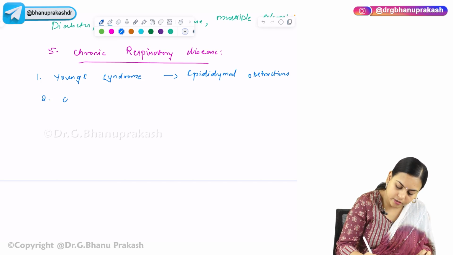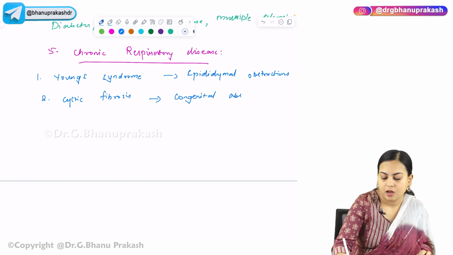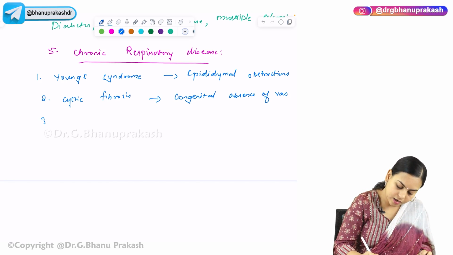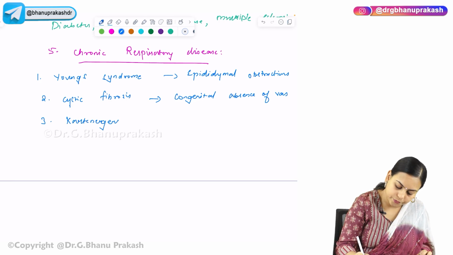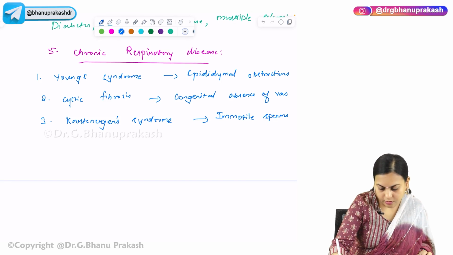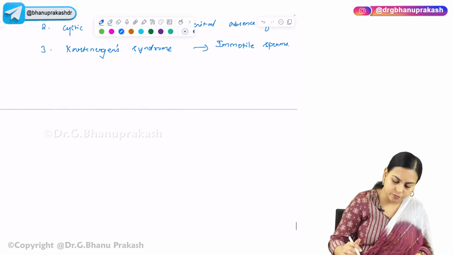Second one is cystic fibrosis, where there is congenital absence of vas deferens. And the third condition is Kartagener syndrome. In Kartagener syndrome, you will have immotile sperms. Clear? So, this is how chronic respiratory disease is important.